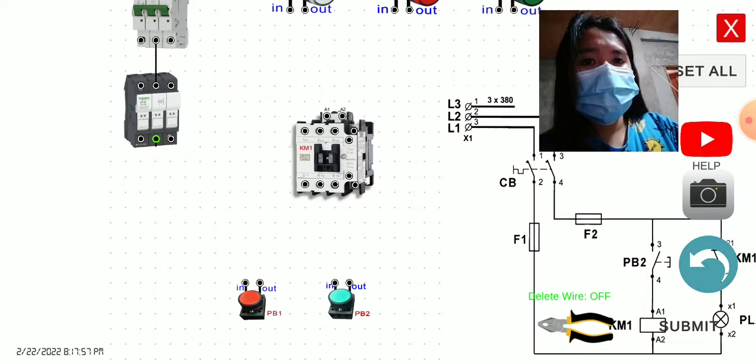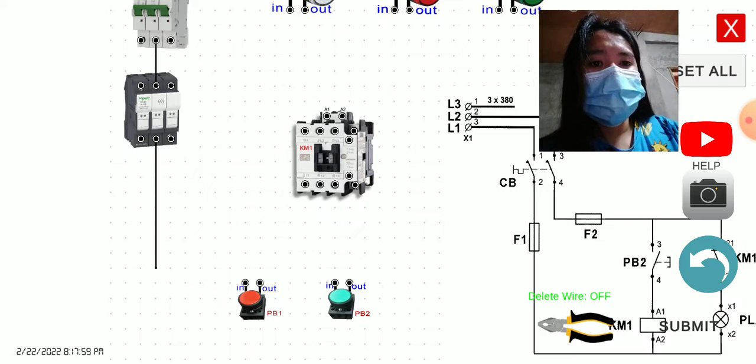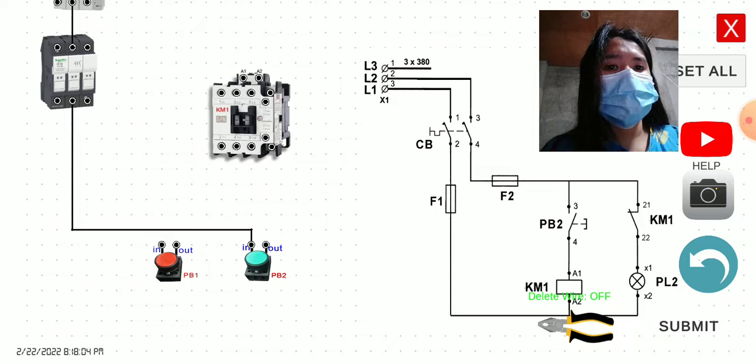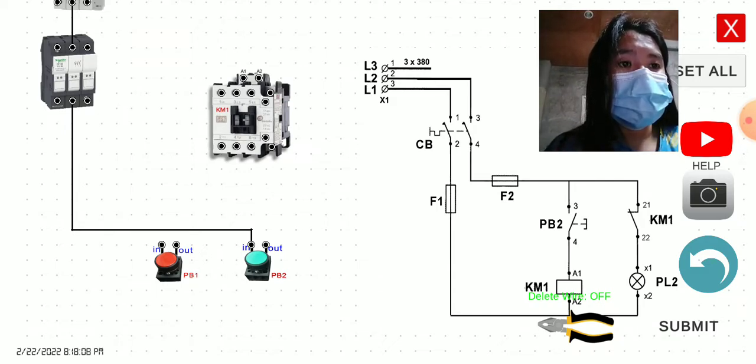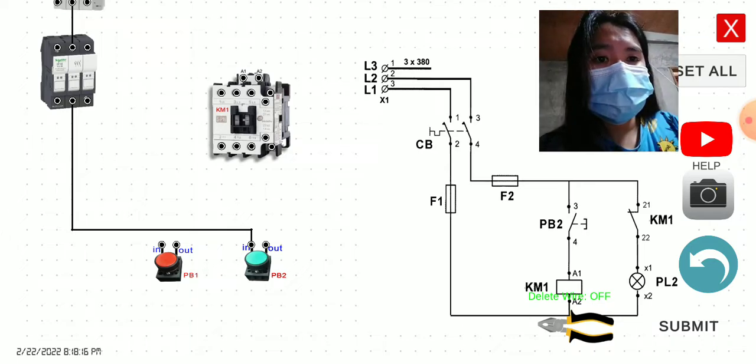Oops, undo. So after the input of the PB2, we will connect our output, the 4, to our coil, which is the A1.